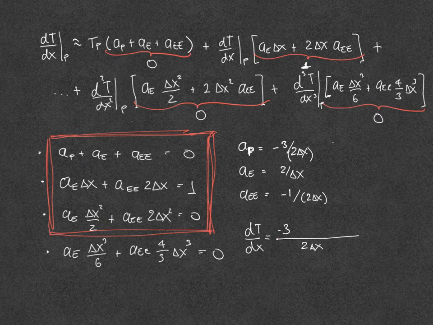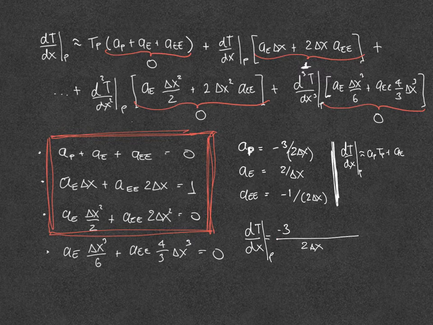So dT/dx at P here is approximated as aP TP plus aE TE plus aEE TEE. Okay, so now we want to multiply aP by TP, then plus 4 TE, then minus 1 TEE.